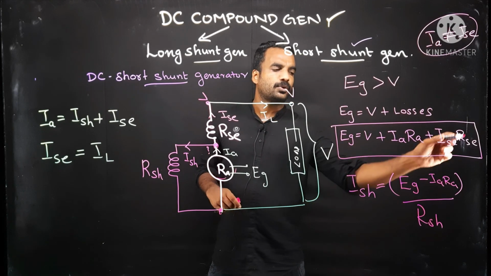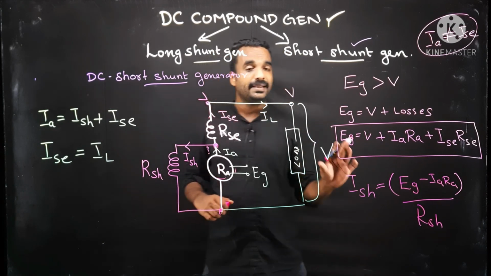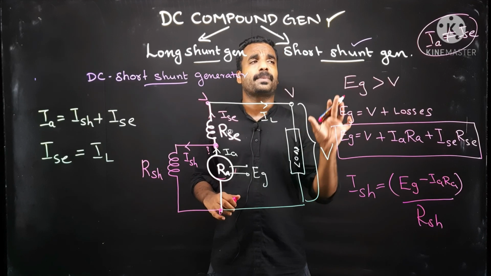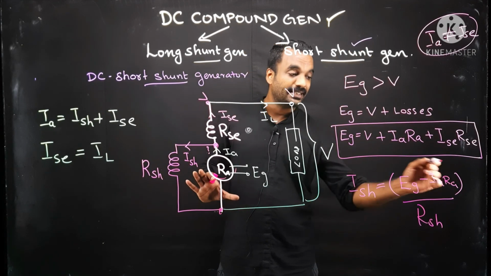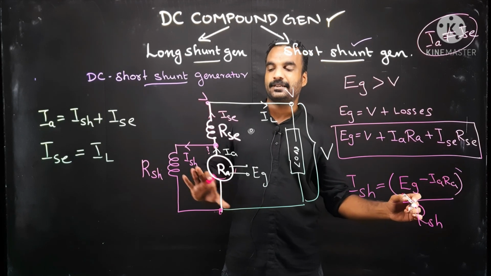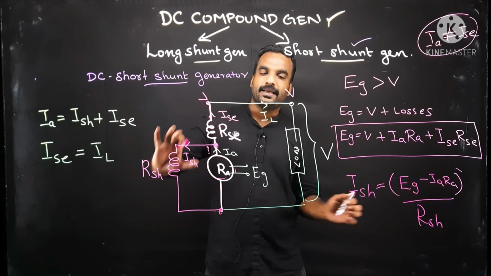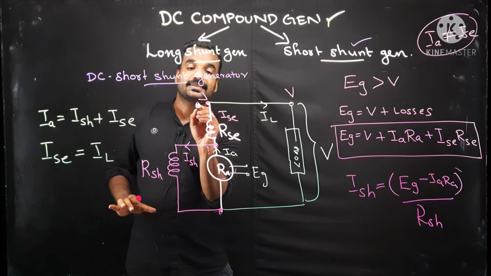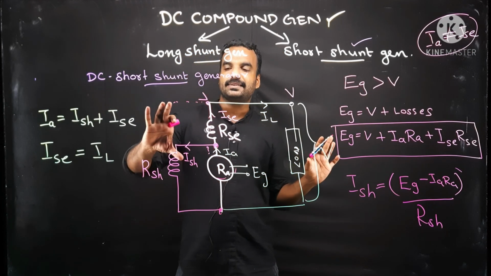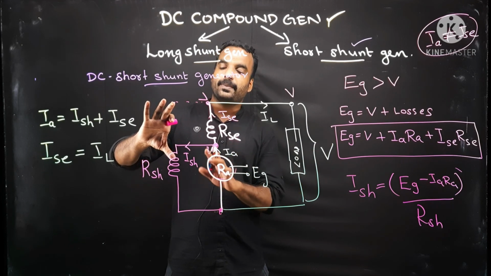So this is the important relation. The main thing you have to keep in mind is that in a short shunt generator, ISH is not V by RSH. It is some other voltage by RSH because the shunt winding is not connected in parallel with the load. It is connected to some other point. If it were connected to this point, then ISH would be equal to V by RSH.